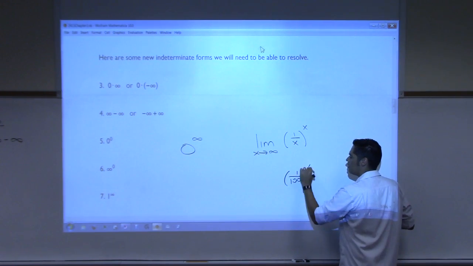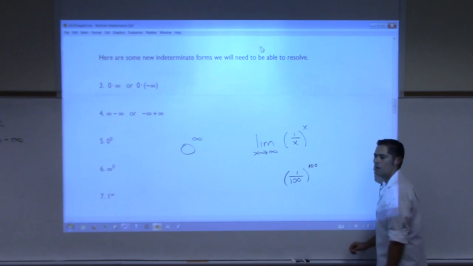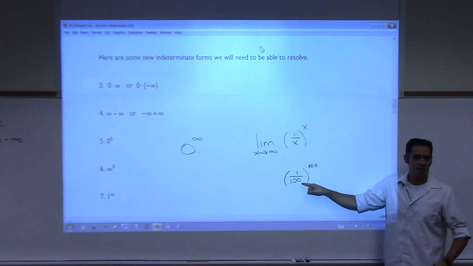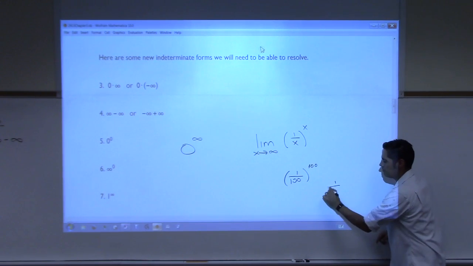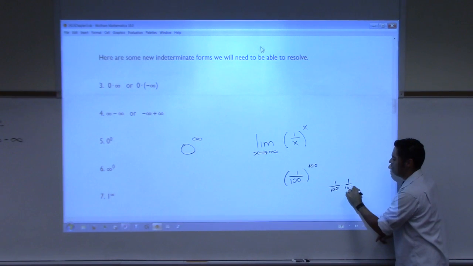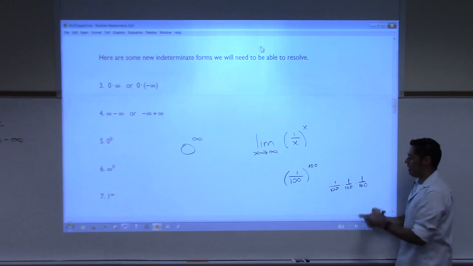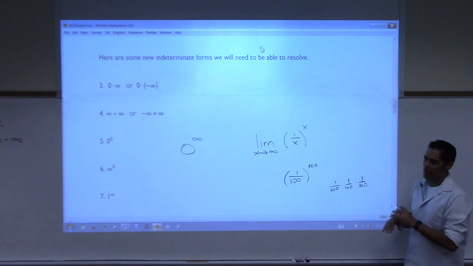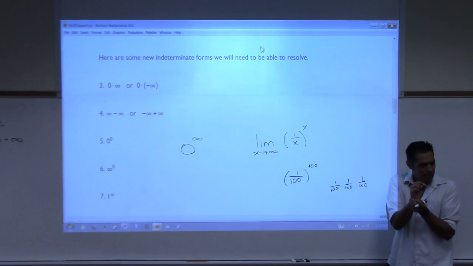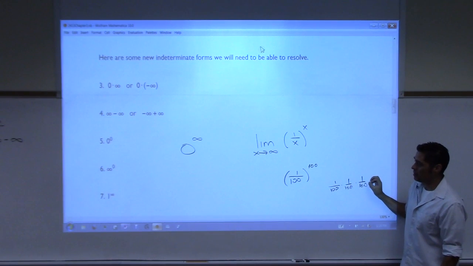This would be 1 over 100 to the 100th power, wouldn't it? When I multiply 1 over 100 times itself 100 times, that's going to be an extremely small number, isn't it? Because it's 1 over 100 times 1 over 100 times 1 over 100. So I'm going to have 100 hundreds multiplied together on the bottom. 1 divided by that, that's infinitesimally small, right? So this is really wanting to become 0.